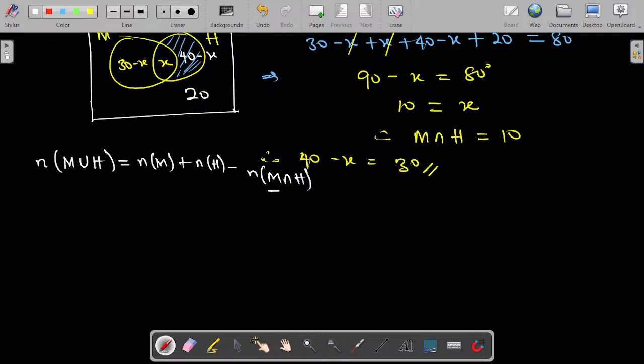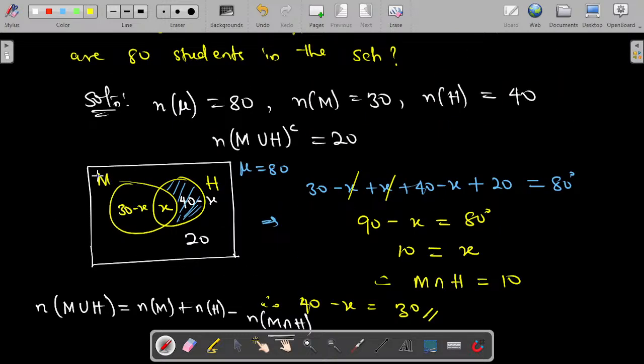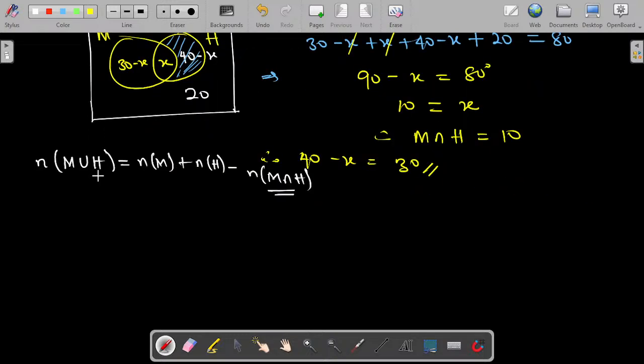So this will help you fill whatever you needed to, and then from there you can finish up the intersection. The number of the union of H and M is going to be equal to 60.